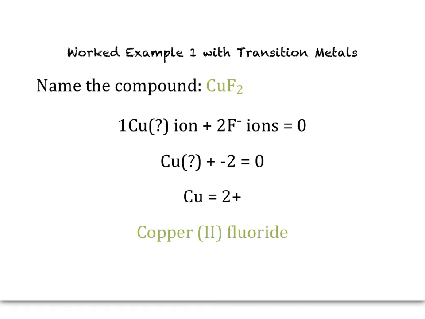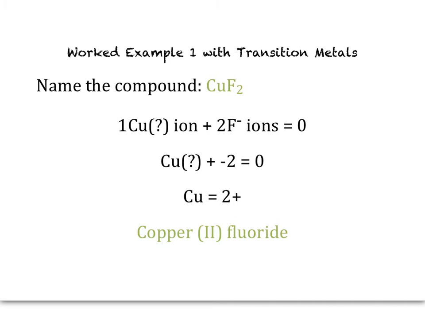Let's look at a worked example with transition metals. Name the compound CuF2. As all ionic compounds must be neutral, then the charge on the one copper ion and two fluorine ions must equal 0. But is it copper 1 plus or copper 2 plus? Easy to solve, as F is always F1 minus.